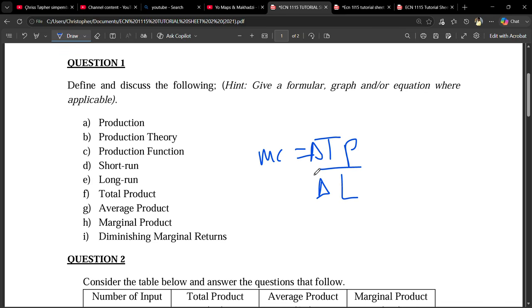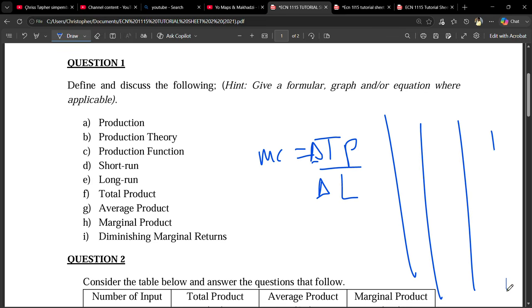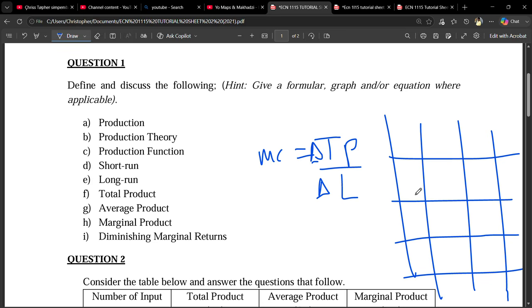What we mean is, what are we adding to the production that we've already produced? If we add one more labor to the same production, what are we producing? That is what we're calling marginal product.